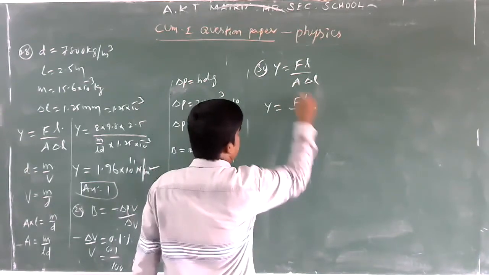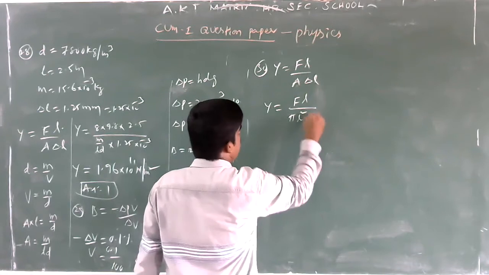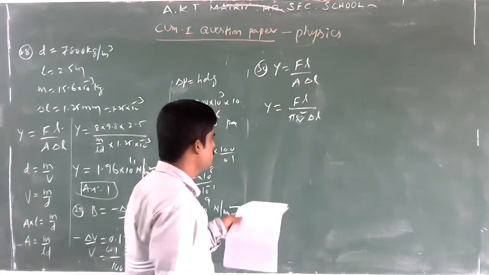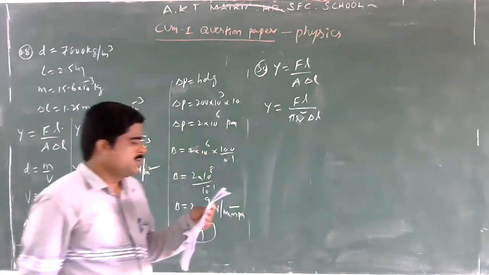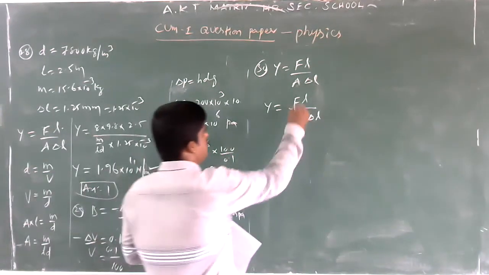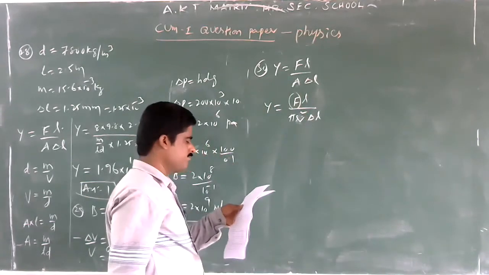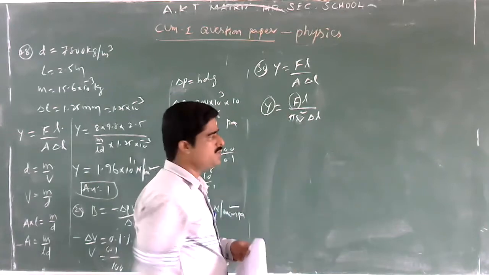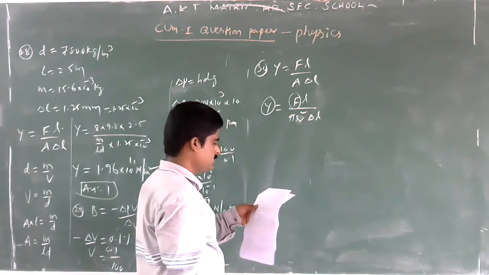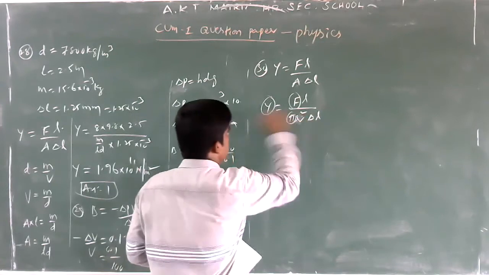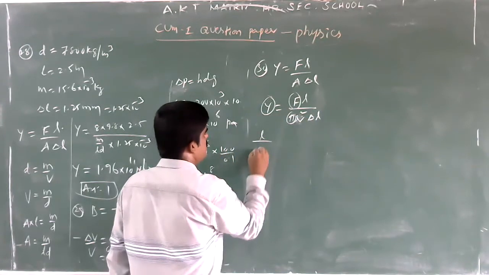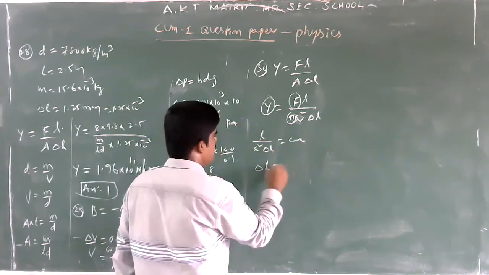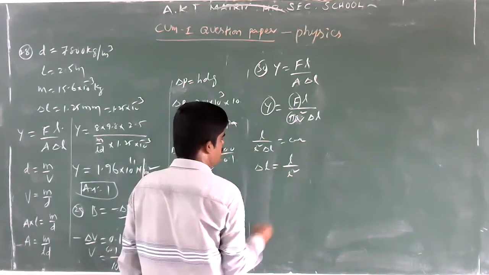Y is equal to FL by pi r square into delta L. Equal weights are applied means the same force is applied. Both wires are made of the same material, so Young's modulus is the same. Pi is constant, so L by r square into delta L is constant. From this, delta L is proportional to L by r square.